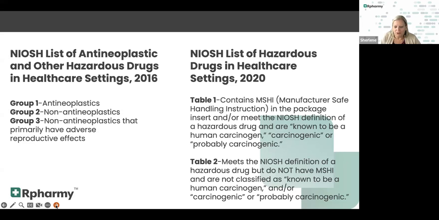As you know, the 2016 list is based on 3 groups: anti-neoplastic, non-anti-neoplastic, and non-anti-neoplastics that pose reproductive risk. But the 2020 list is only 2 groups, or tables as they are now referred to.